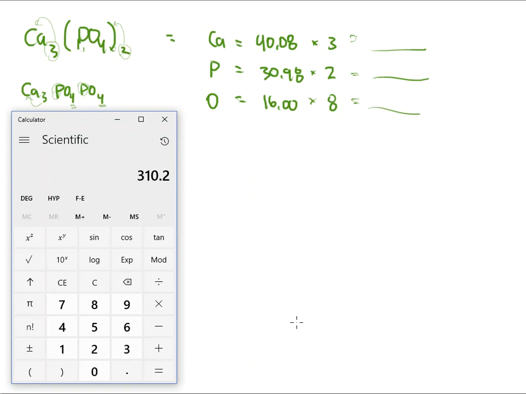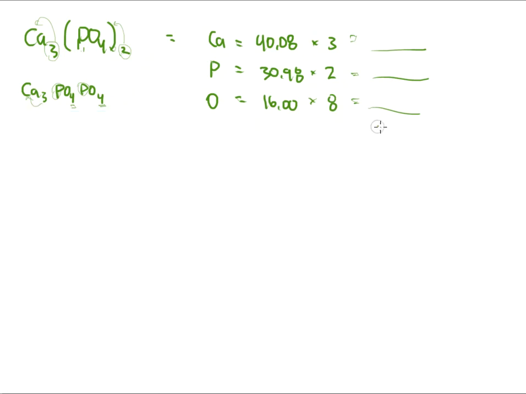So I add them all up, and the answer is 310.20. So 310.20 grams per mole is the formula weight for calcium phosphate, Ca3(PO4)2.